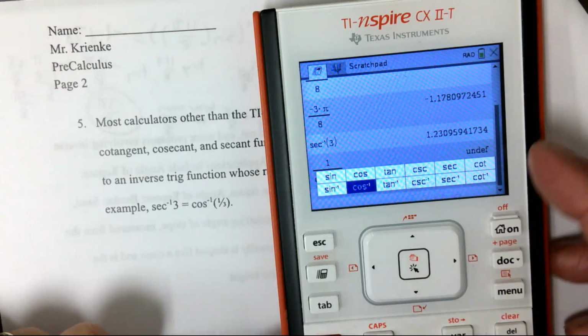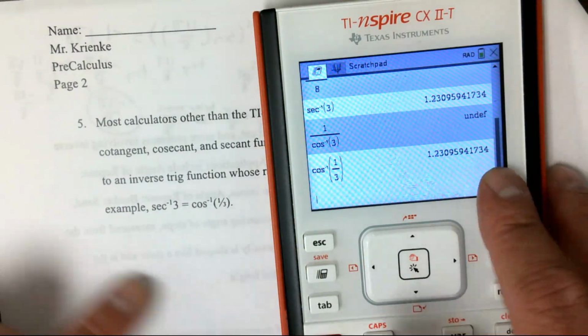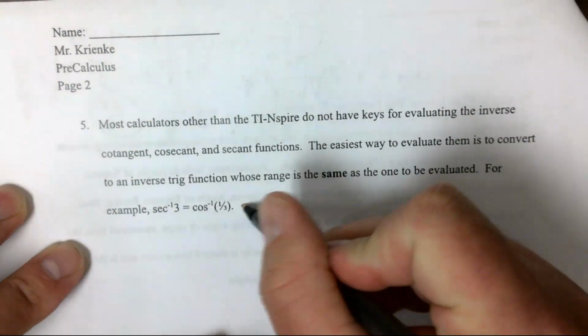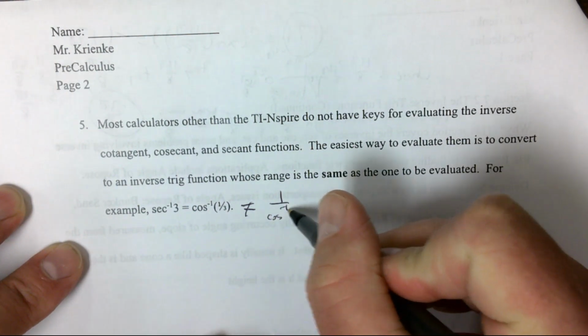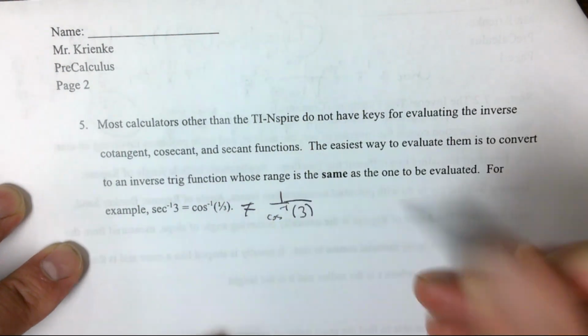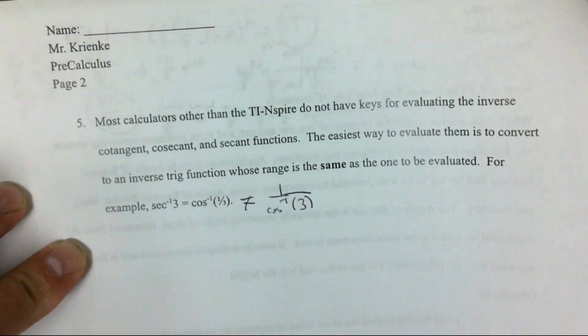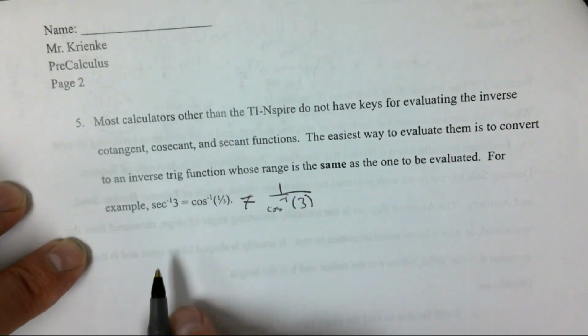Inverse cosine 1/3. Okay, so there you go. So it's not equal to 1 over cosine negative 1 of 3. Okay. So fortunately, in your case, we have the calculator that has the trig button.